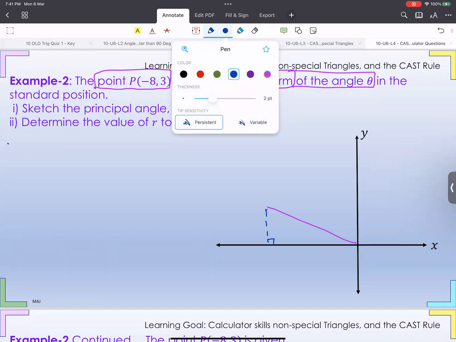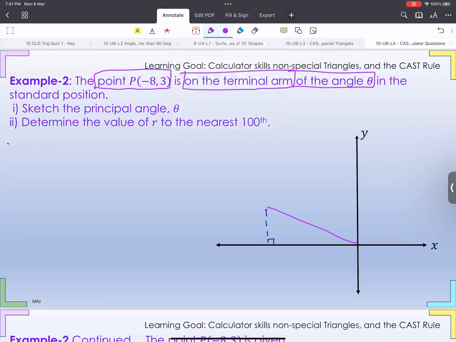So we have P(-8, 3). Okay, this is the x value, and this is the y value. So we're going to mark that here in the diagram. So the x value is negative 8, and the y value is positive 3.